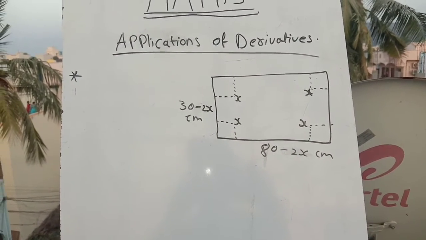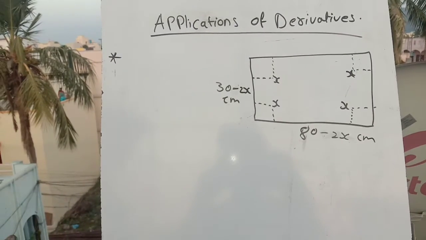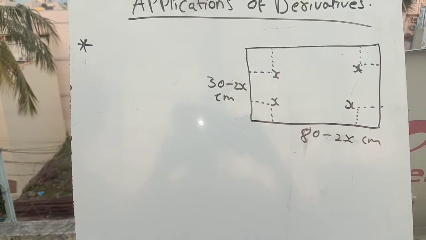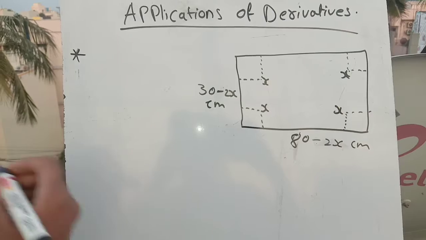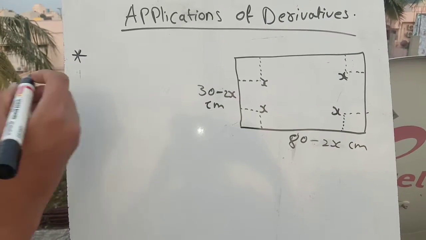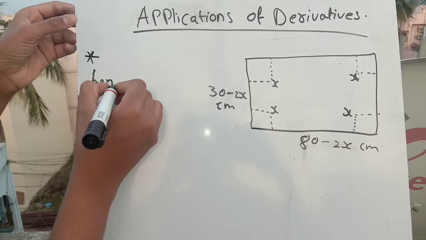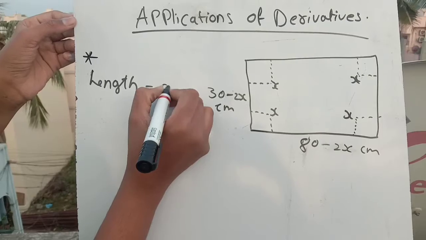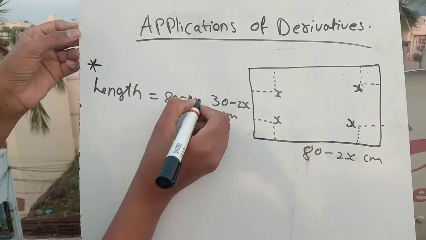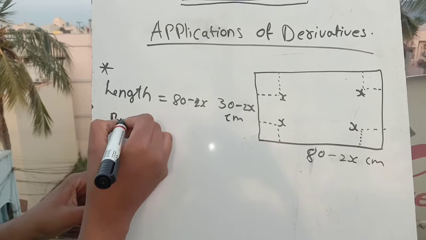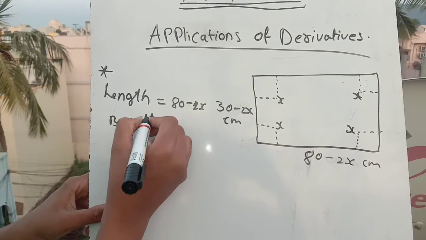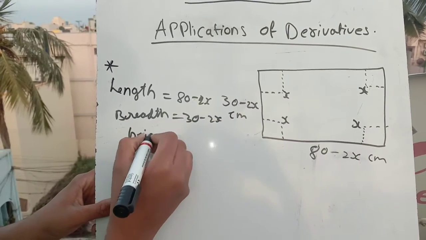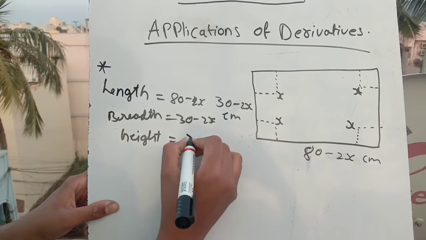So he has given the word volume. What is the formula of volume? Length into breadth into height. We know only length and breadth, right? So let's take the length of the rectangular box as equal to 80 minus 2x centimeters, the breadth is equal to 30 minus 2x centimeters, and height is equal to x centimeters.